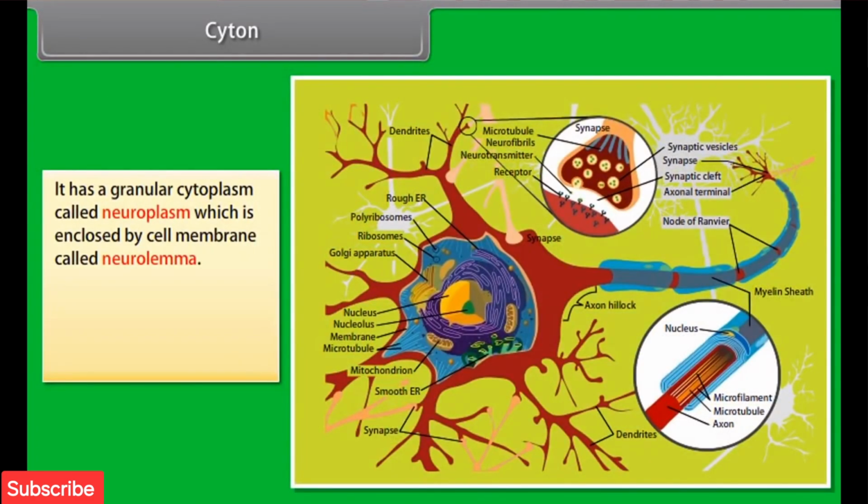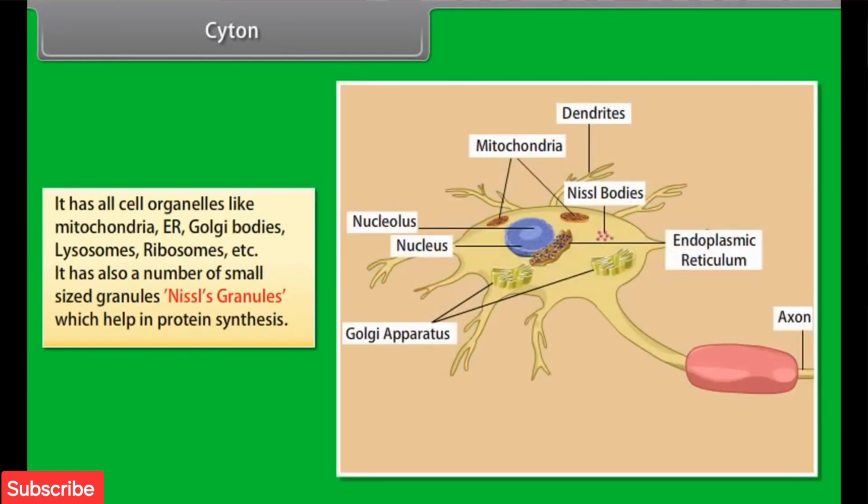It has a granular cytoplasm called neuroplasm, which is enclosed by a cell membrane called neurolemma. It also has a large, spherical, central nucleus with a nucleolus. It has all cell organelles like mitochondria, ER, Golgi bodies, lysosomes, ribosomes, etc. It also has a number of small-sized granules, Nissl's granules, which help in protein synthesis.